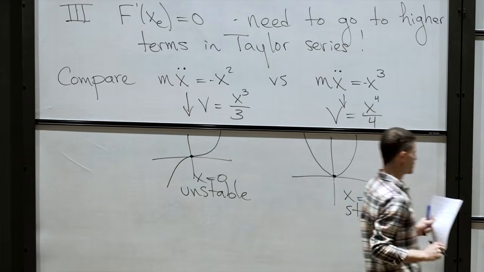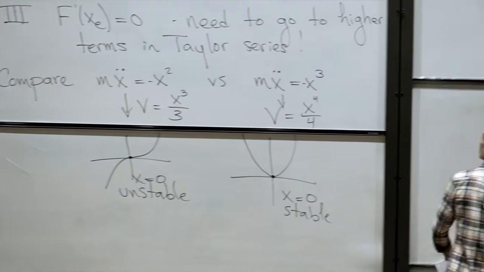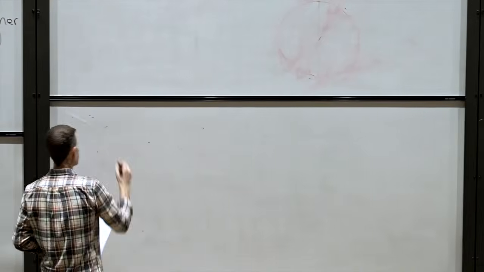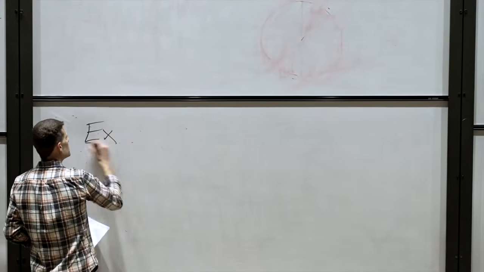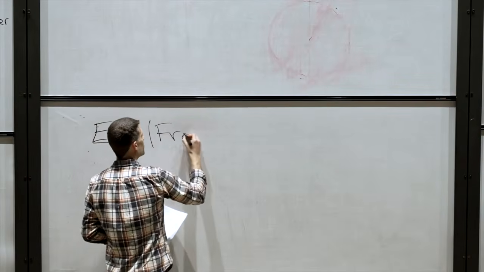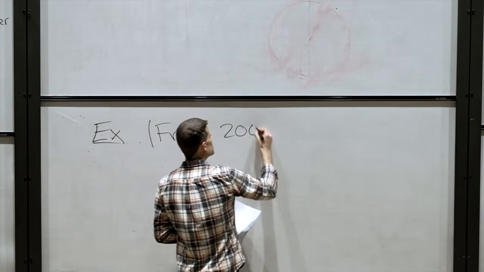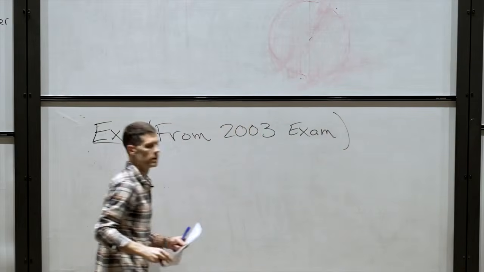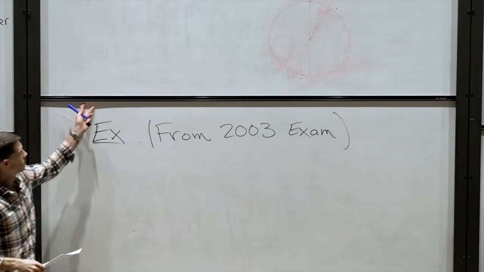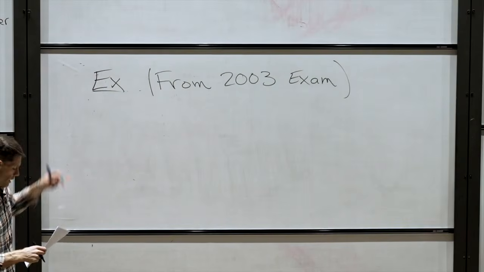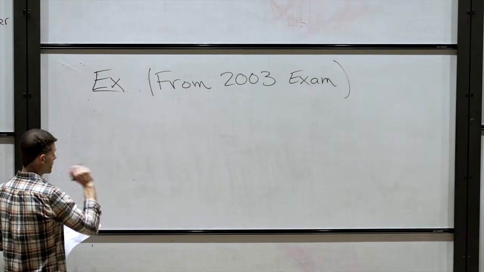All right, so I want to use these tools, and I want to work through a more complicated example than the ones we've been thinking about. In fact, this is from a long past exam, 2003. It's still kind of a nice relevant question. The idea is the following picture.